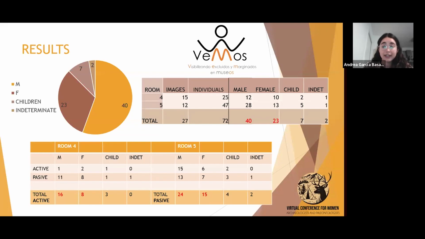We have more active individuals or more active roles in the images in room 5, but this is also because there are more groups and activities represented in the images. We can see that most of the active individuals are always male. Also, we have really few children, and when appearing with an adult, it's always a female individual. So the important thing from this board is the quantification of how and how many times the individuals are represented.